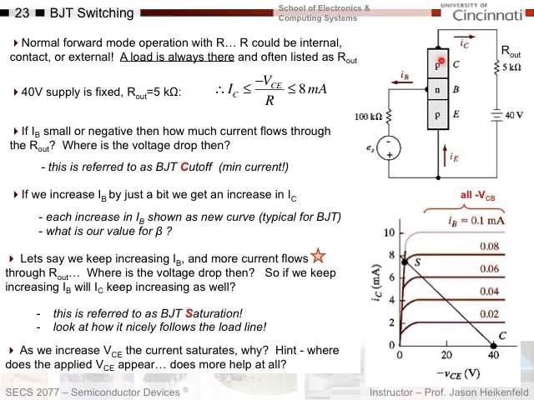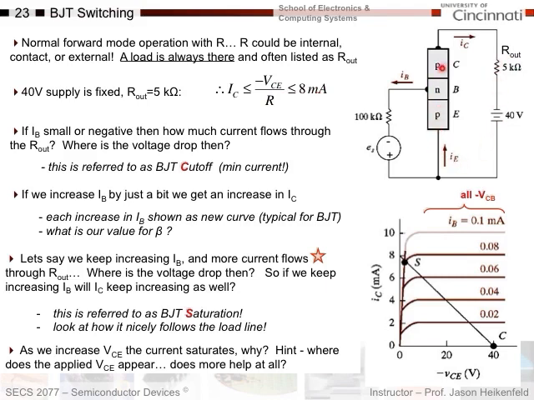If you let full current flow through the BJT, you would be limited by 40 volts dropped across the output resistance, or less than 8 milliamps. That would be the 40 volts divided by 5 kiloohms, which is the output resistance, which means that you will never get more than 8 milliamps to flow through this BJT.